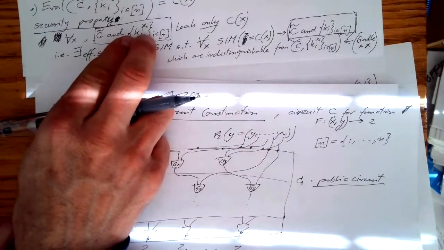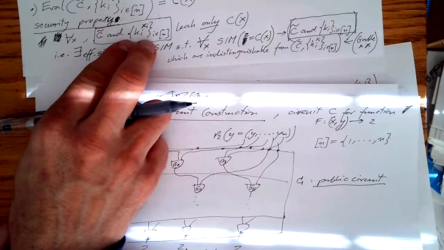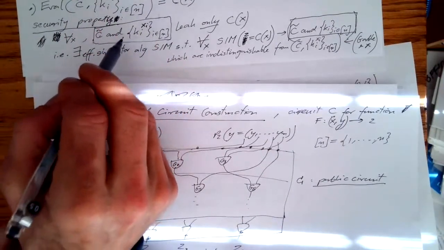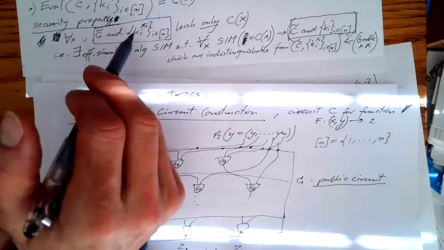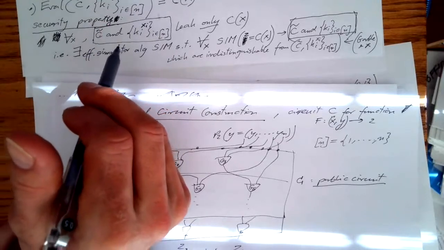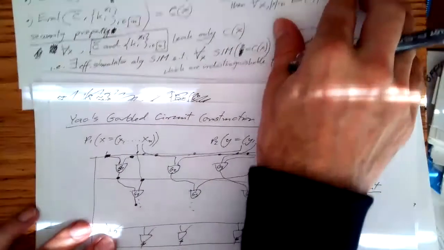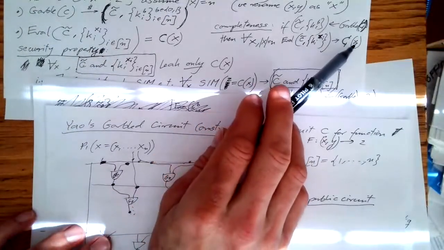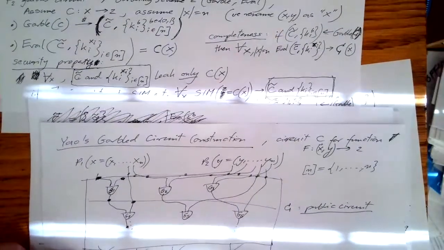You get two vectors of these wire keys, one vector corresponding to the first version of input X, and the other vector for the second version of input X. What else can you compute? You can compute much more than the value of the circuit corresponding to just these two inputs, X and X prime. That's a very nice exercise.